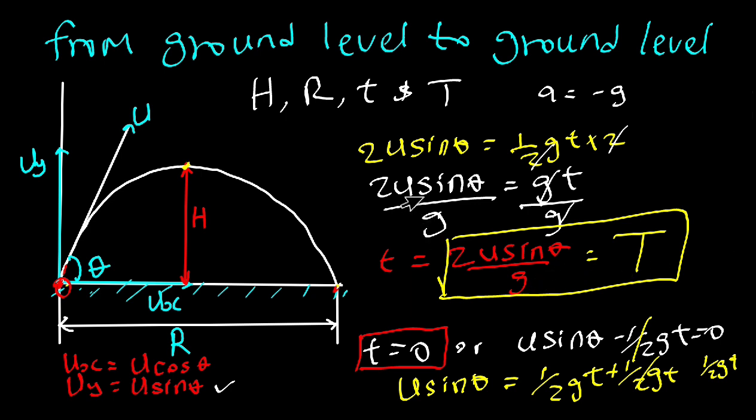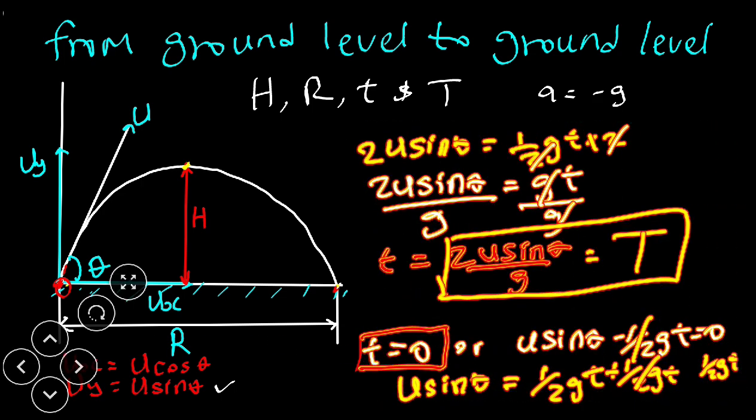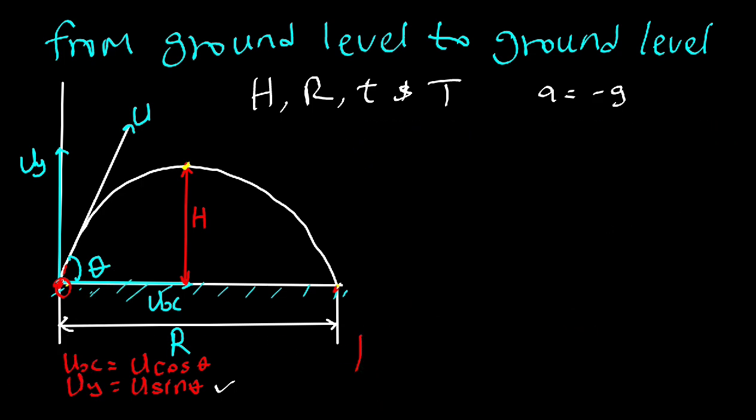So we are going to now find the range. Let's derive the formula for the range. Remember one of the equations, we have that velocity equals distance over time. So for this velocity, we're going to make use of the horizontal component of the velocity, because that determines the range.